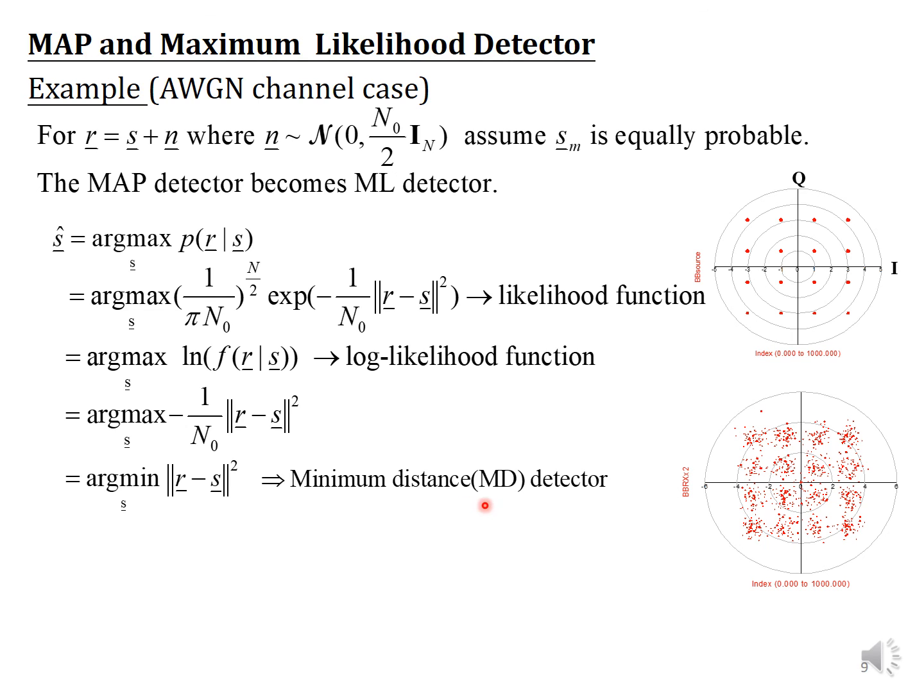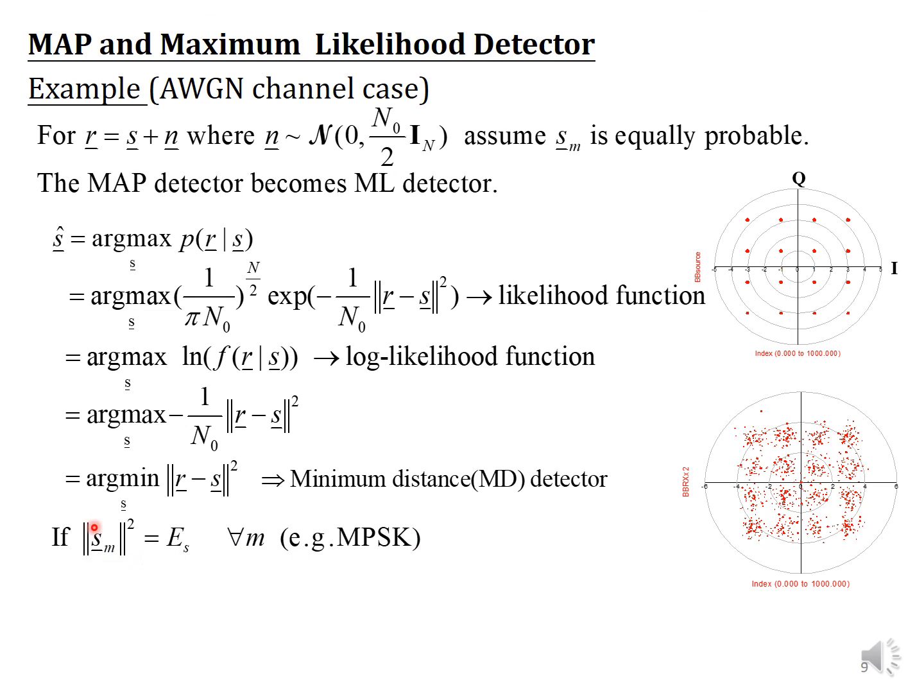So this is called the minimum distance detector. The minimum distance detector has an assumption. When can we use it? It is when we have the AWGN channel model. Then this ML detector becomes the MD detector.